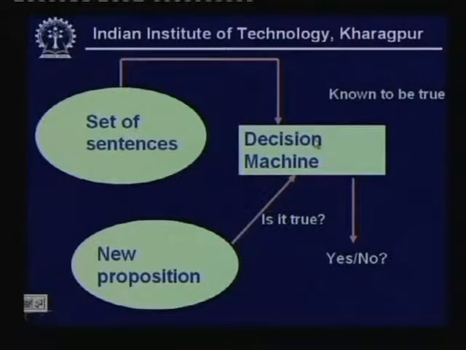That is what our proof mechanism is, nothing other than that. So, if we have a set of sentences known to be true, and a new proposition logically follows from them, then the decision machine will say yes, this is true. That is how our basic inference mechanism goes on.